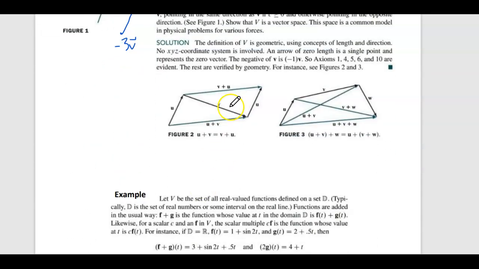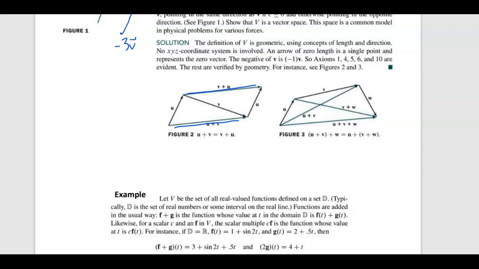Here we have the parallelogram identity because that's how it is defined. You would be able to add u plus v and get that vector. You could also add v plus u, and I know they don't end in the same spot, but you just need their length and direction to be the same. Those are the same.